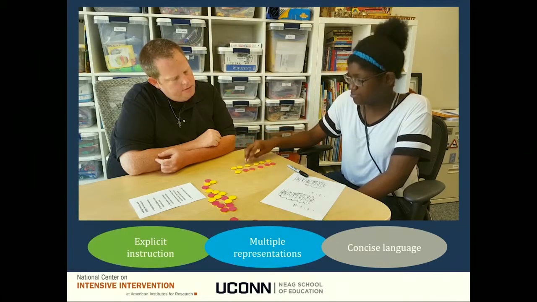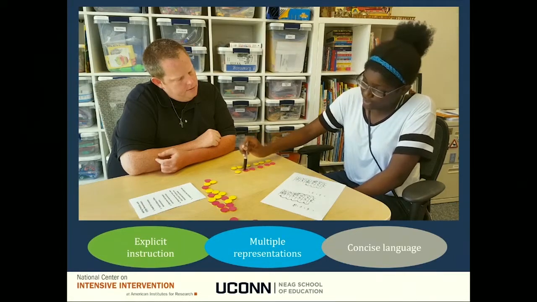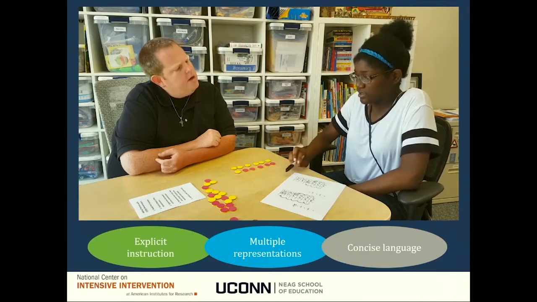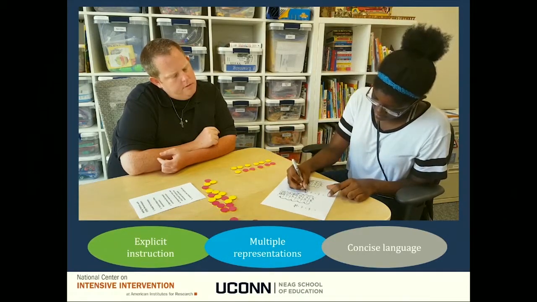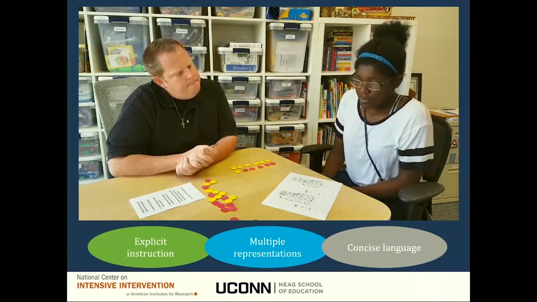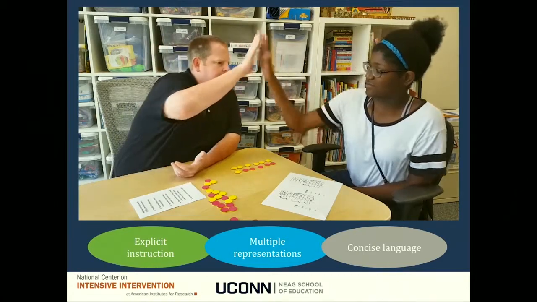Alright, so what is your answer? So we have 1, 2, 3, 4, 5 red counters out of 6, so it'll be 5/6. Awesome, good job. Alright, can you write your answer? Alright, so what does that whole number sentence say? 1/2 plus 1/3 equals 5/6. Awesome, good job.